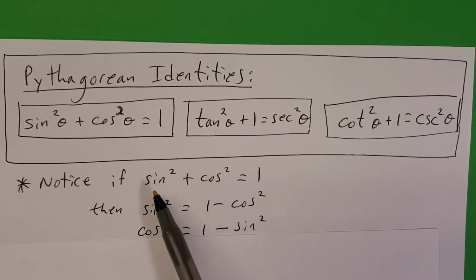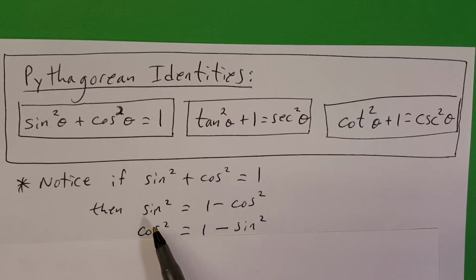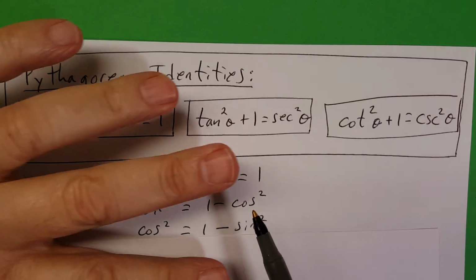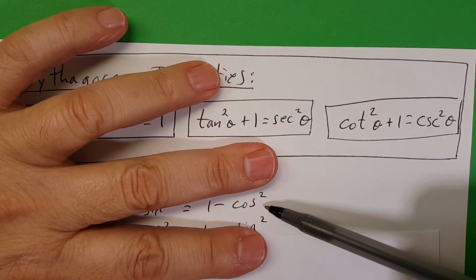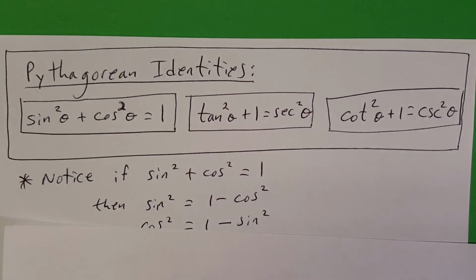Trig function plus trig function equals 1, or trig function equals 1 minus the other trig function, or the other trig function equals 1 minus the first trig function. Right? So you should know they go together. So if you see this, you know right away that's equal to this. Okay? All right. Let's get to the examples.